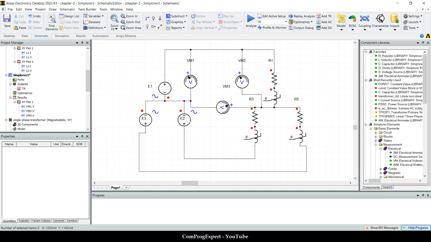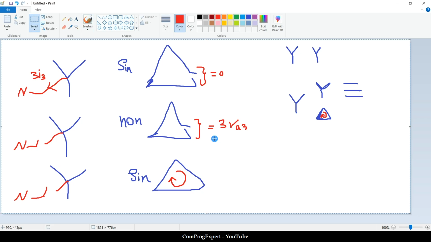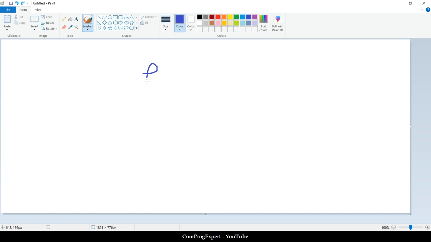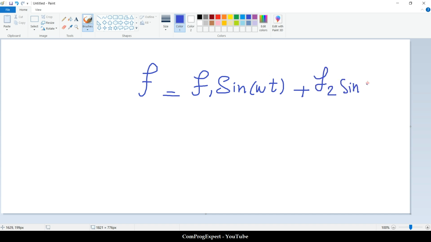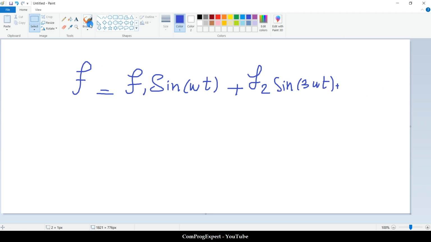You know that when we have a function f equal to f1 sine of omega t plus f2 sine of 3 omega t and so on, this summation, when we have these harmonics, what is the RMS value of f?